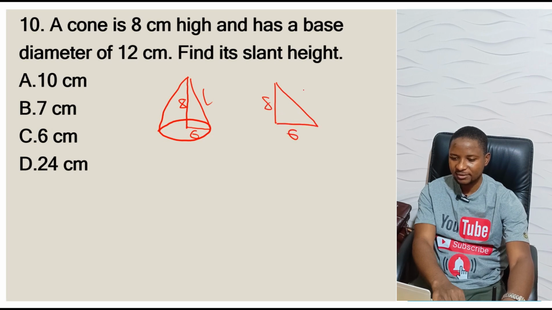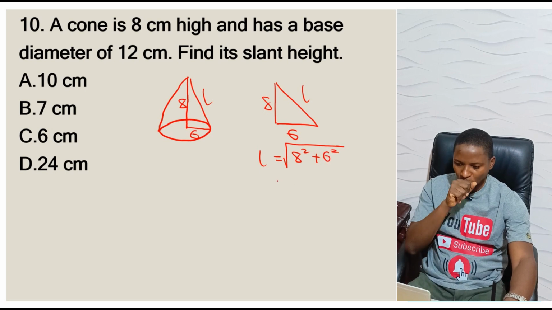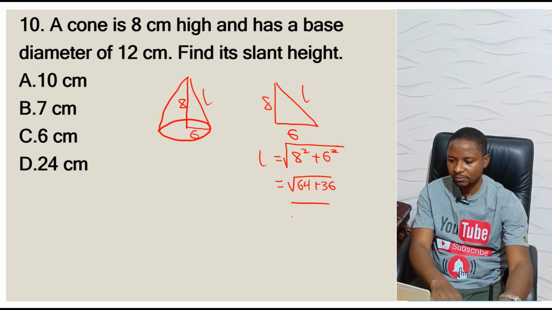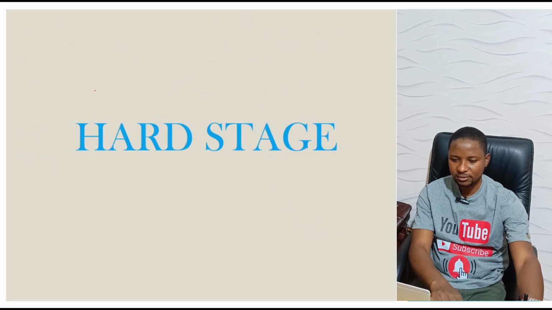Here is 6, here is 8, and here is the slant height, which is the hypotenuse. So the slant height will give you the square root of 8 squared plus 6 squared. This will give you 64 plus 36, and that will give you 100. So your answer is 10 centimeter, option A.